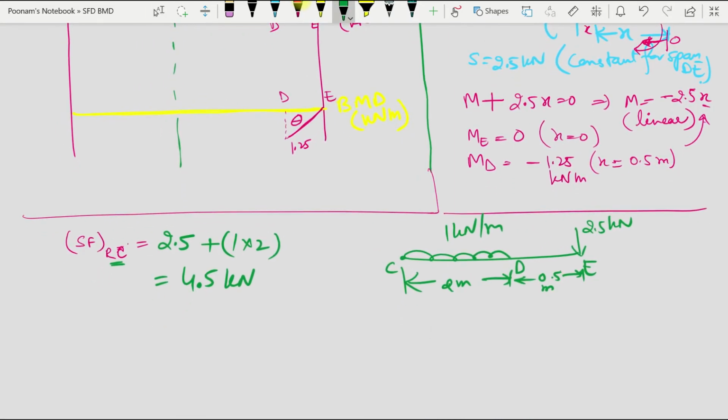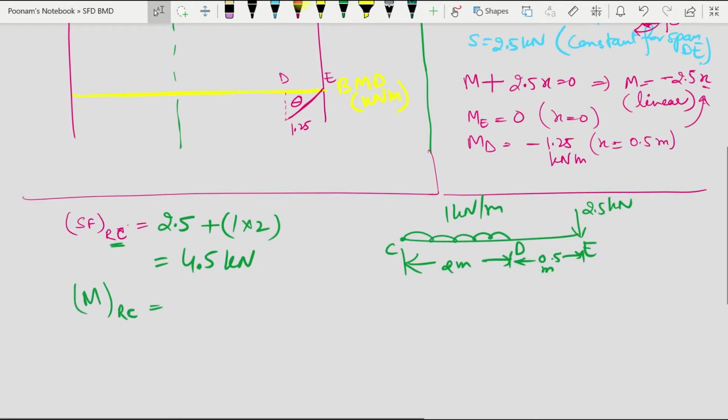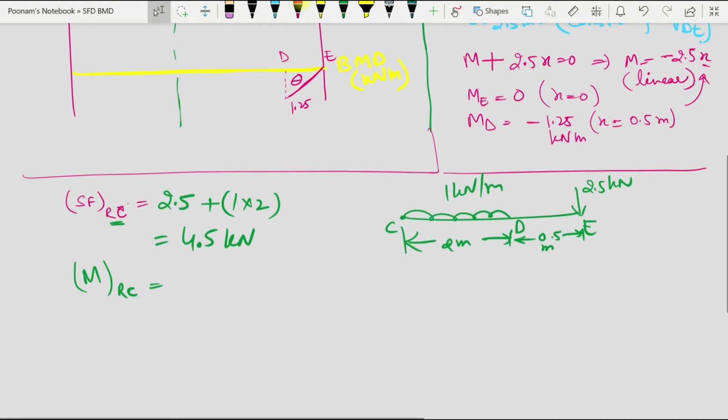Similarly, I can find out the moment just right of C, or you can say at point C. Because we know the moment will be negative due to these applied forces, as it is a cantilever beam, it will be equal to negative of 2.5 into 2.5.